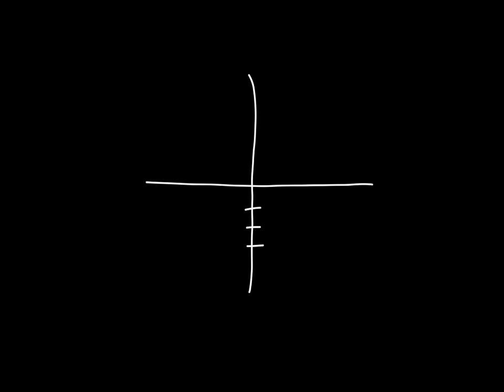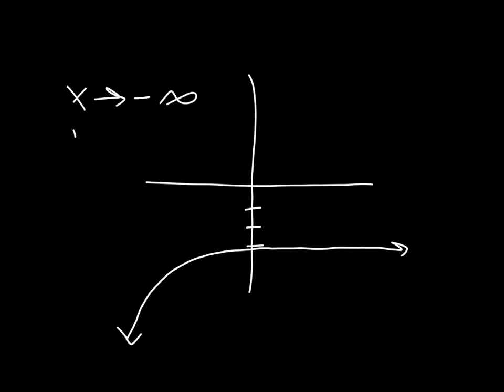You could have something like this. So let's do the easy one first. As x approaches negative infinity, y is approaching negative infinity. Is that okay with that one? All right, what happens if x is approaching positive infinity then? Well, hopefully I drew it okay.